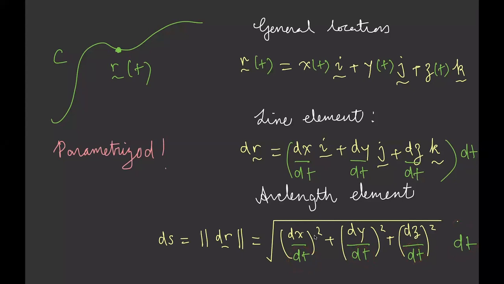When you do it this way, you can see that your arc length element can be written purely in terms of dt, and all of this can be calculated if you know these functions x of t, y of t, and z of t. Okay, so that's how you do an integral with respect to arc length of a scalar function. But all of these elements are relevant in doing line integrals, in doing any sort of path integral.